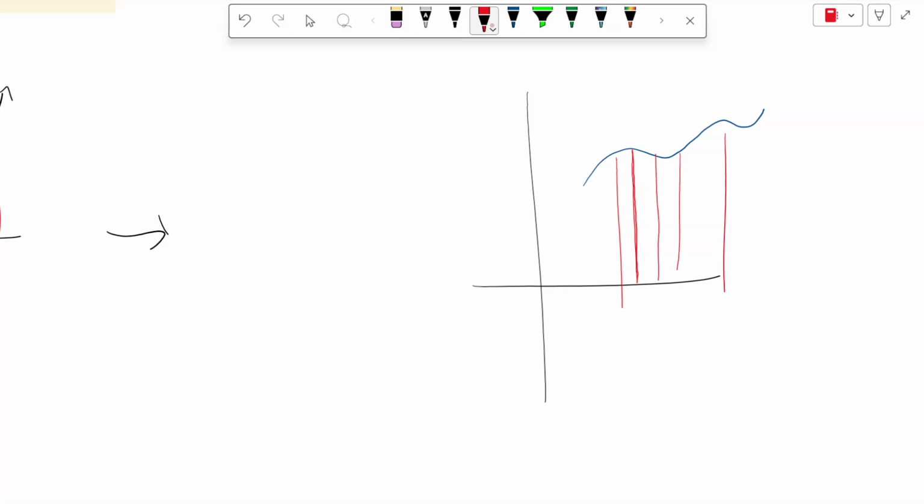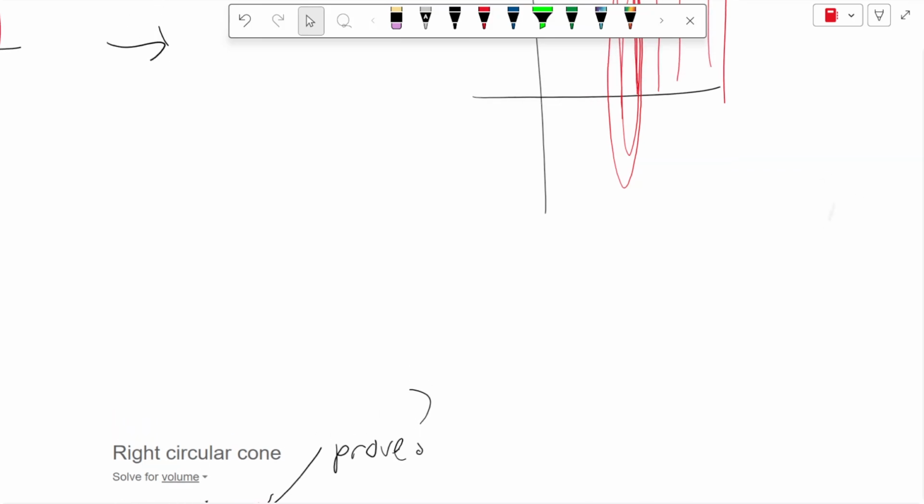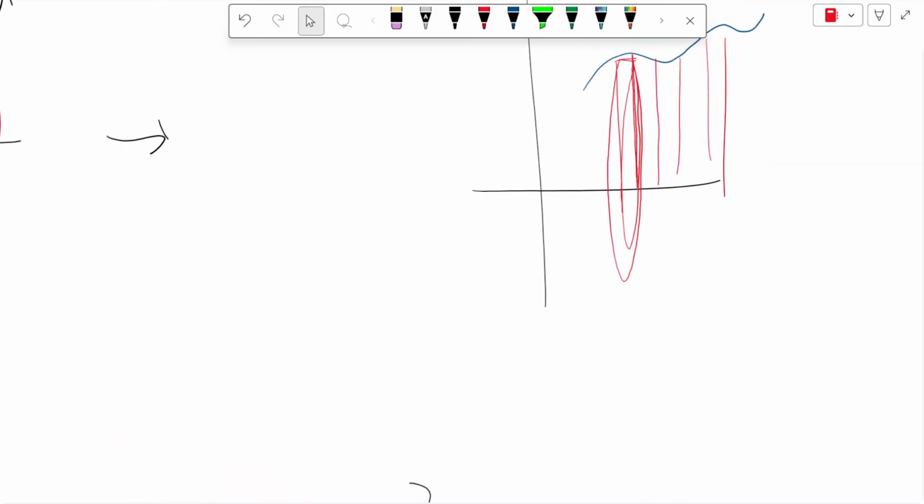Much like how we slice it into rectangles, it's just instead of rectangles, they're cylinders. It's a bit hard to draw the cylinder, but hopefully that gives you the idea. There's the other bit of the cylinder. So yeah, lots of little cylinders.